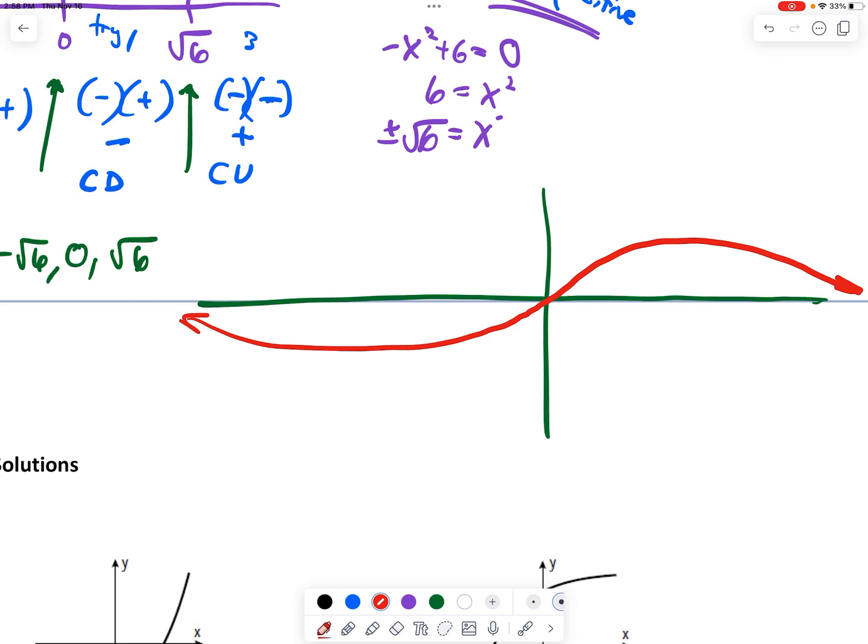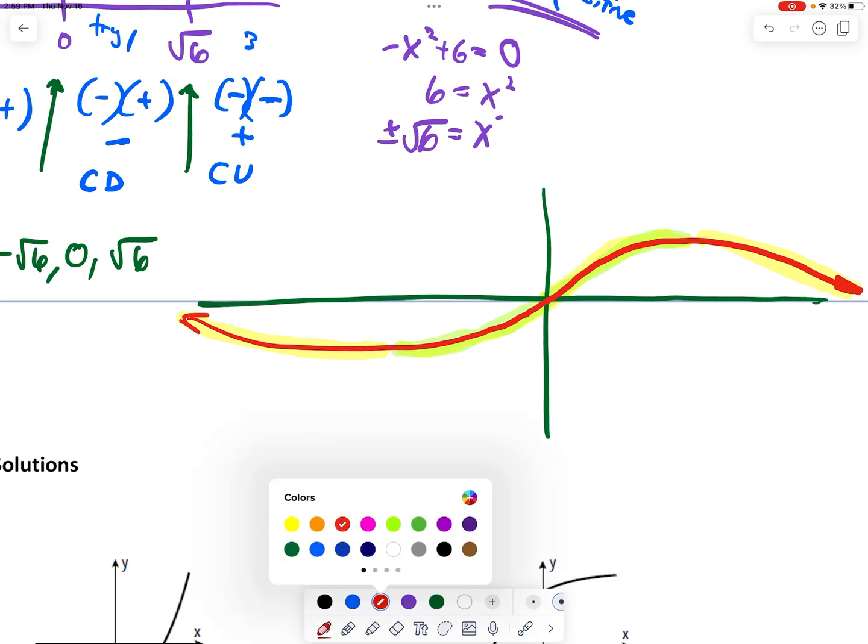We are decreasing from negative infinity till negative radical 2, somewhere right there. Then we are increasing from negative radical 2 up to radical 2. There, I'll change it to that part. And then we're decreasing again from radical 2 on. So that places my radical 2 something like there.